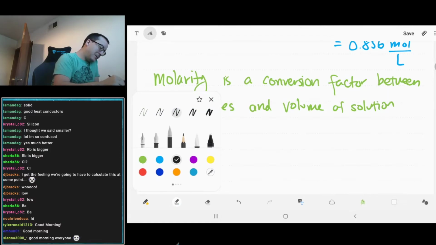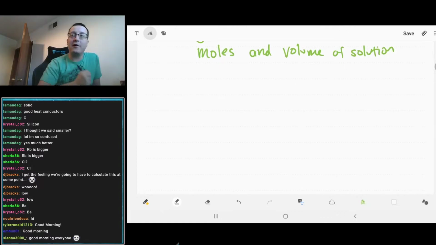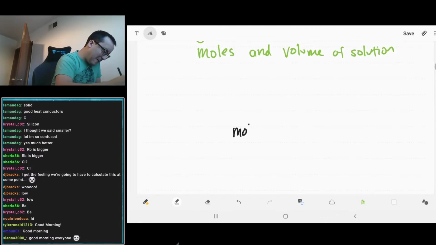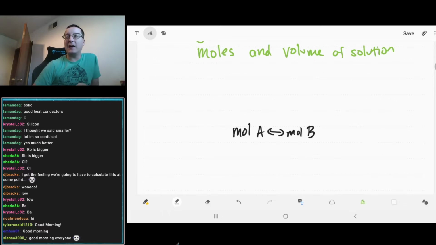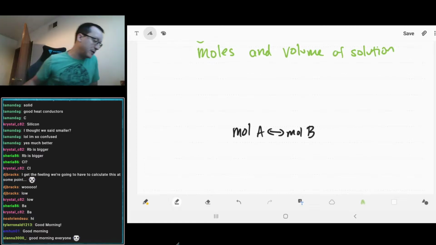So, that being said, we can add on to our handy-dandy little chart here. We remember the only time we can ever convert between two substances is if we have a chemical reaction and we're going to use reaction coefficients, right?